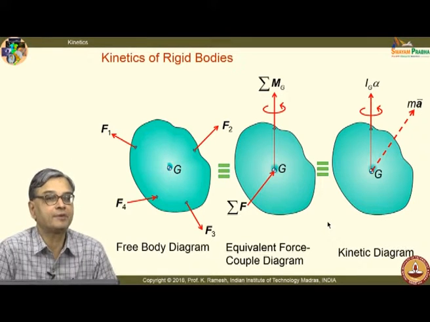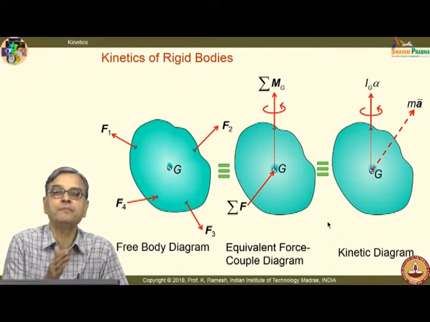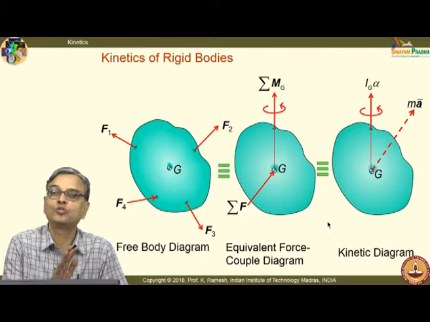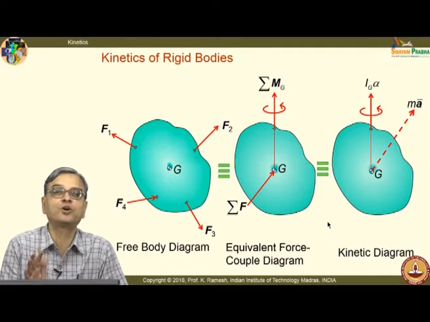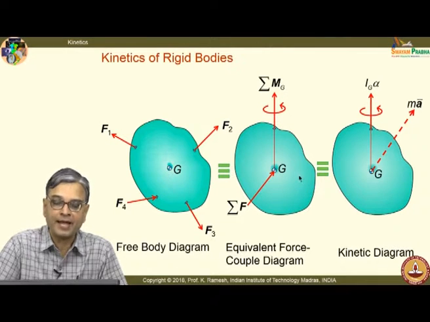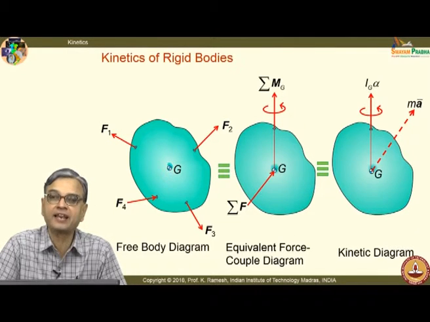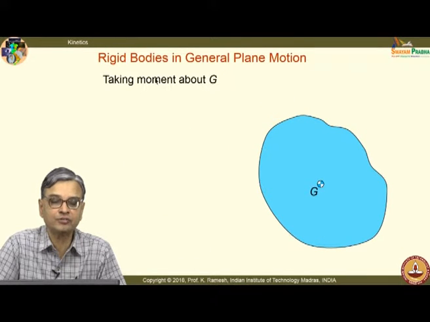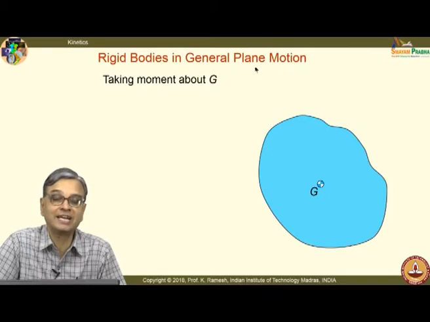See, what you will have to keep in mind is you are graduating from particle dynamics to rigid body dynamics. Particles do not rotate, whereas rigid bodies rotate. Even though I say rigid bodies now, I am essentially considering a planar situation, and we would also confine our attention to rigid bodies in general plane motion. That is very, very important.